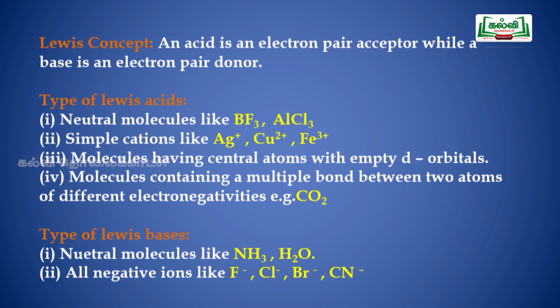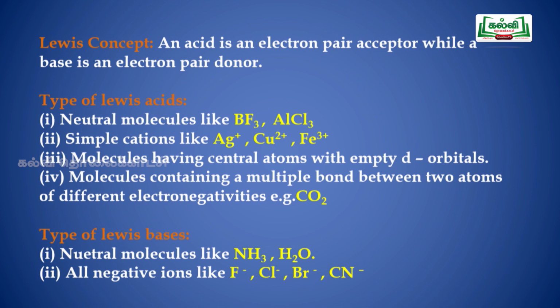It will donate a pair of electrons. So, previously what I told, BF3, AlCl3 could not be explained by the Bronsted-Lowry concept, whereas here it can be explained by Lewis, because it totally involves electrons.